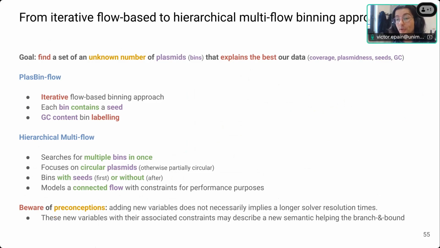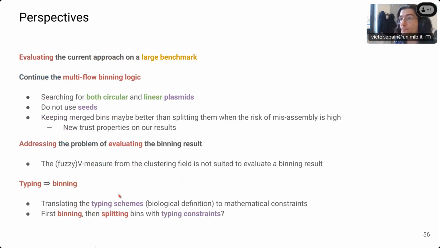Beware of that preconception, because I hope I have demonstrated that when you add new variables but with a new semantic, you can help the branch and bound solve the problem, and you can get better results. So try it, be crazy, try it, and you will see. And you can use some smart constraints to reduce the performance issues, the time costs.